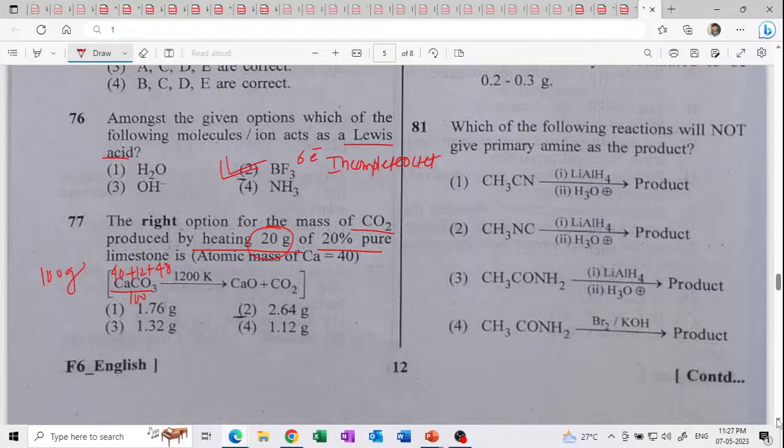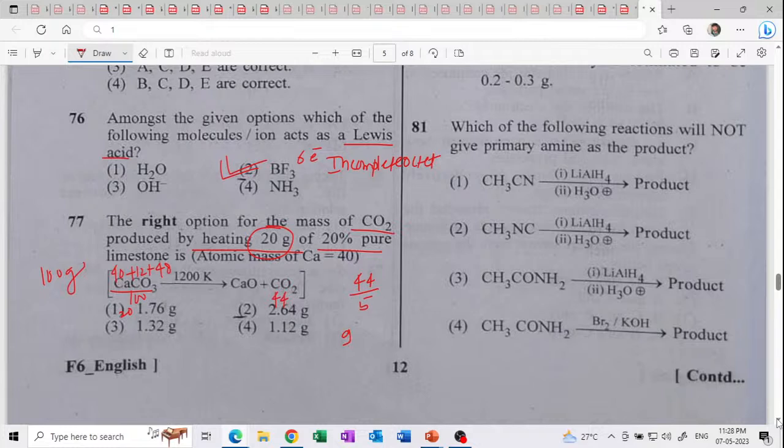And then to form the CO2, CO2 is 44 gram. Then if this is 20 gram, how much is it? That's a 5 now. Therefore 44 divided by 5, how much? Okay, 9.